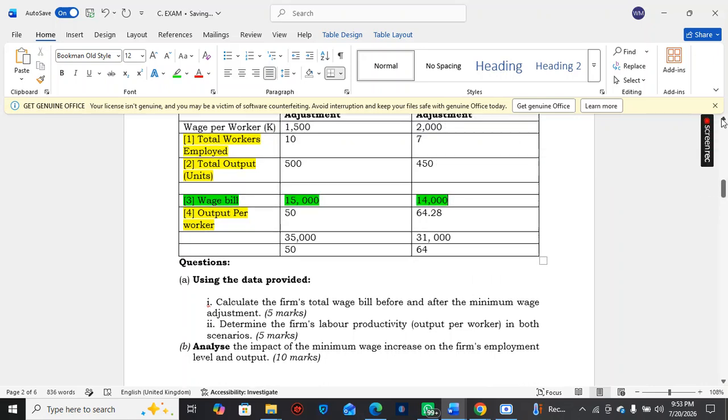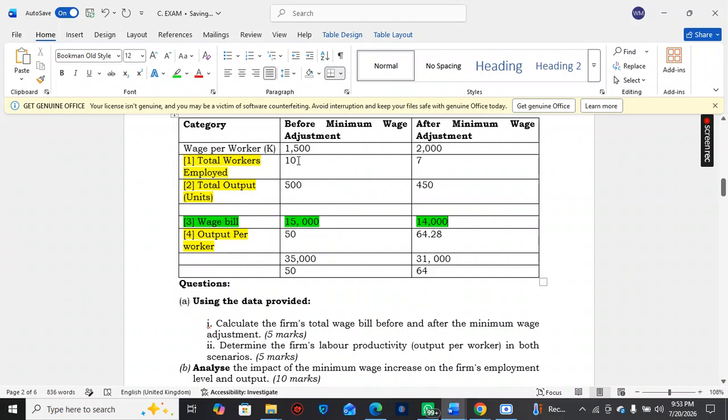So remember, this company has 10 workers. Each worker is getting paid 1,500. So the wage bill is 10 multiplied by 1,500, which gives us 15,000.